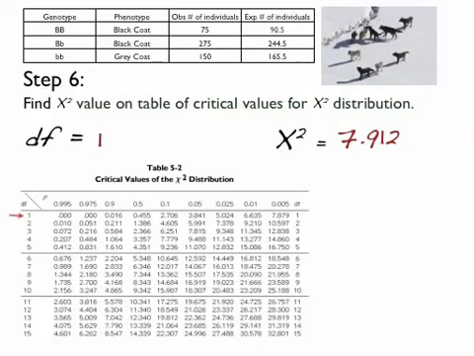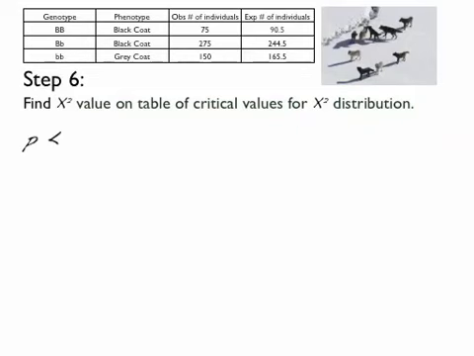Then we follow that over until we find a value close to our chi-square statistic. In this case, ours is actually a little bit higher than the highest value for 1 degree of freedom. And that's okay, because we can say that the probability is less than 0.005, because in reality, our chi-square statistic would be further to the right. So we have a p-value of 0.005.